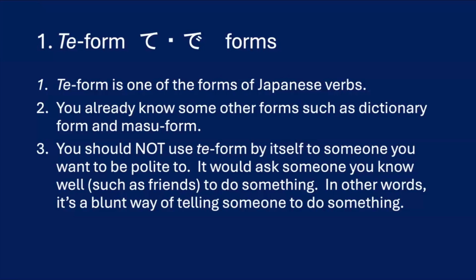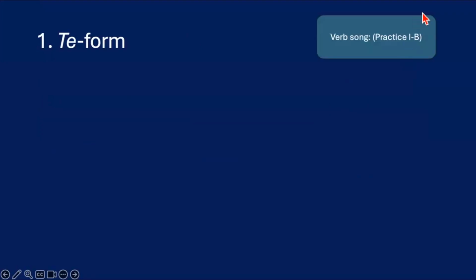You would ask someone you know well, such as friends or family members, to do something. In other words, it's a blunt way of telling someone to do something. So just be careful not to use te form by itself. And I will teach you how to ask someone to do something politely using te form.